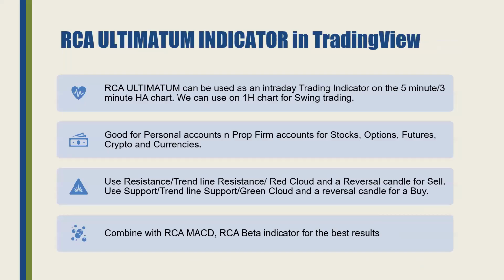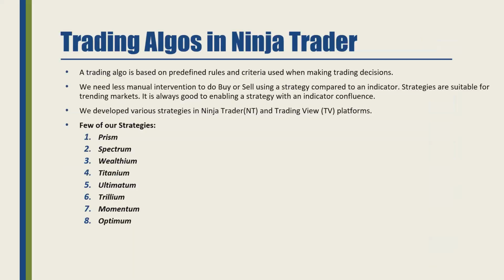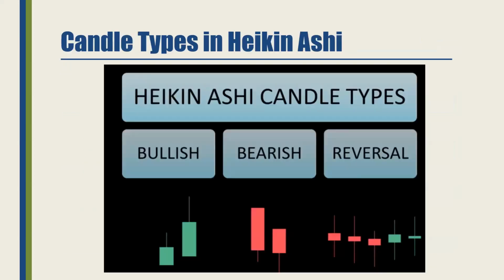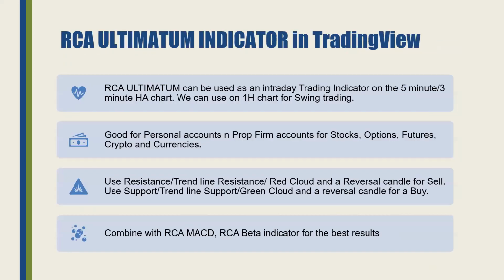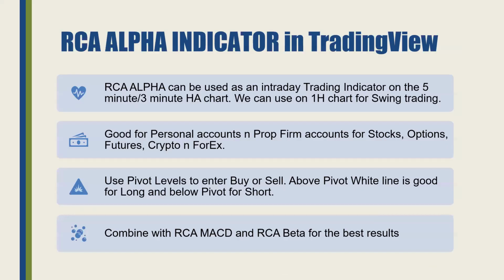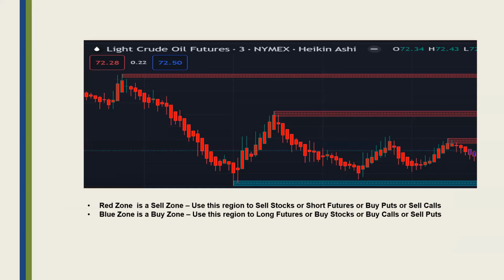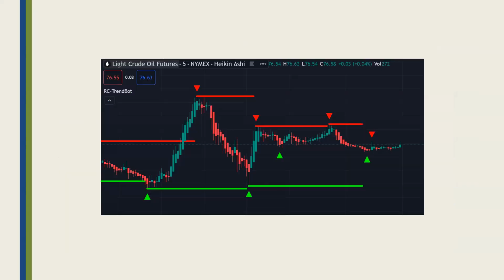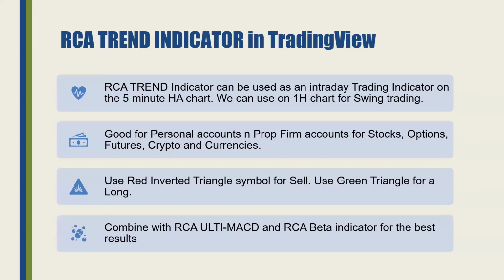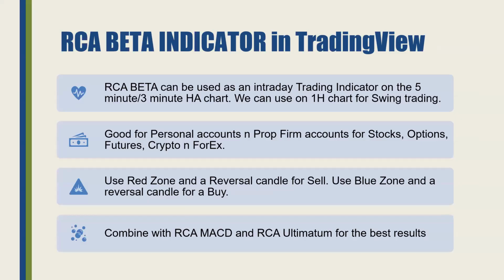So I hope you got what these funded accounts are, what the strategies are, and what the indicators are. We'll start with indicators. We'll use indicators, make some money, and once you gain experience on indicators, then we can use the strategies, show the demos, and make you money without you manually taking the trades.